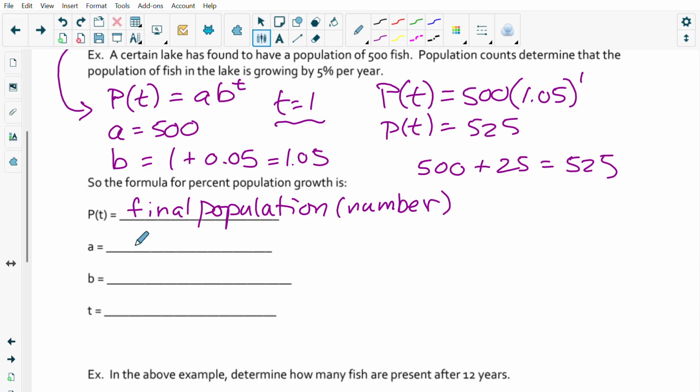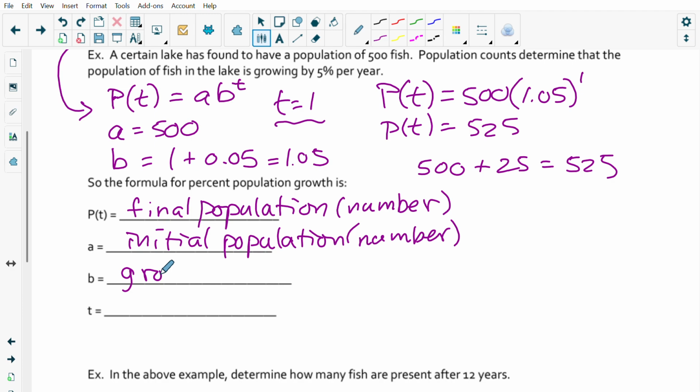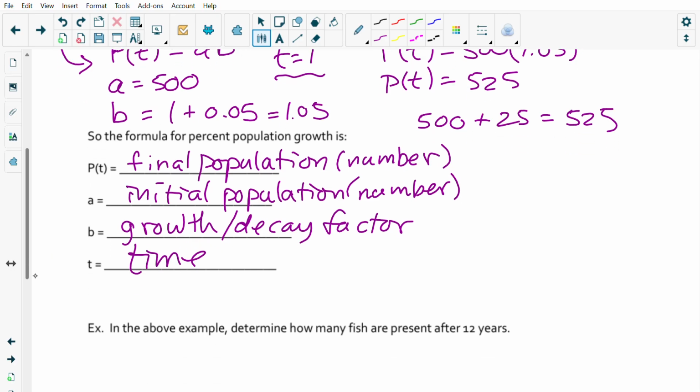Okay, A is the initial population or number of items. B is your growth or decay factor. We'll do a decay problem later on in this lesson. t is just time. Okay.